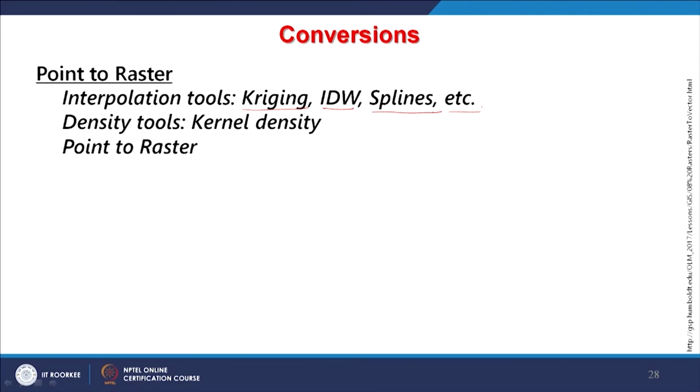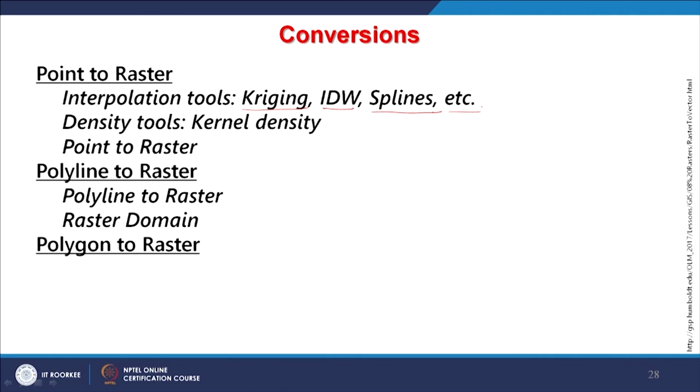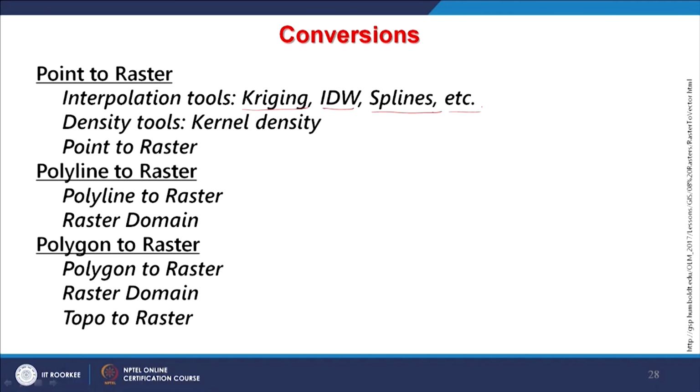Density tools are also available, because point data density analysis is required in many applications. Point to raster, polyline to raster and polygon to raster, all these things we sometimes require for certain types of analysis. And like topo to raster, meaning the topography or topographic map, but there is no automatic conversion available from raster to vector. This one has to be remembered.